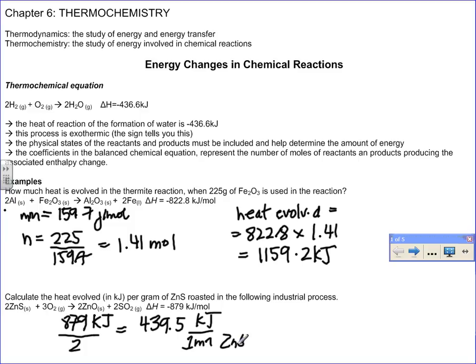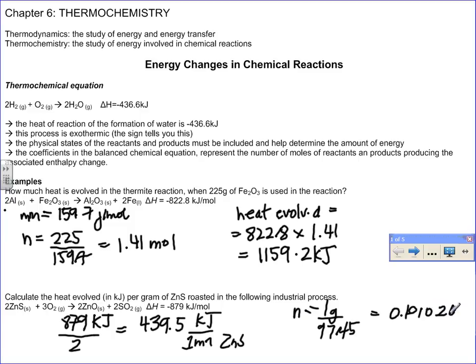Okay, and if we're dealing with 1 gram, then the number of moles of the zinc sulfide is 1 divided by its molar mass, which is 97.45, or 0.01026.